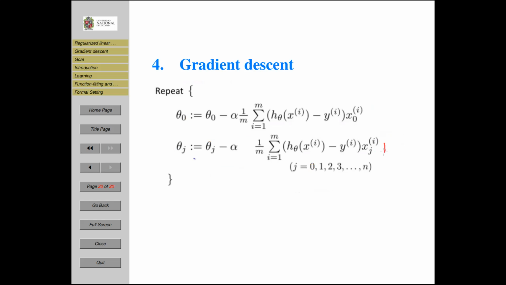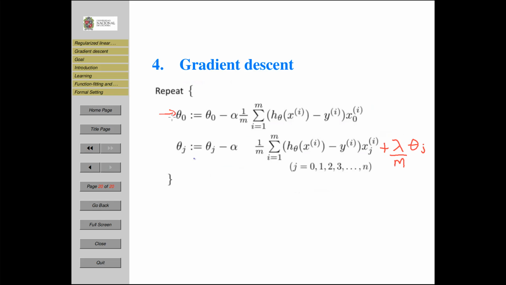For the implementation, the procedure is quite similar to the previous one for linear regression. What we are going to do is write the update for theta 0 separately, like in linear regression, as we mentioned before.